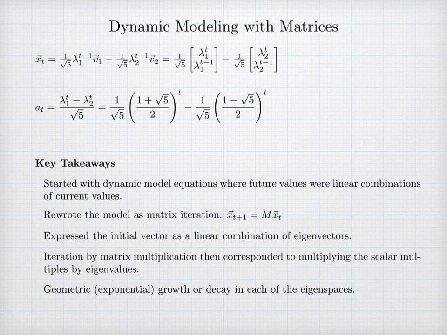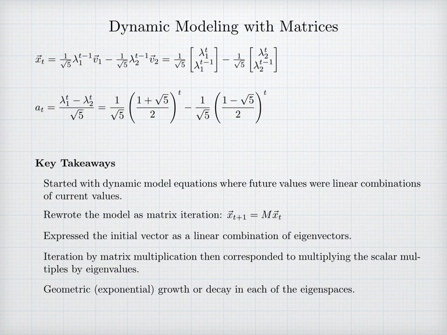Once we had that linear combination, we could repeatedly multiply by my matrix, and the effect was my linear combination saw increasing powers of the eigenvalues. So my first eigenvector, as time progressed, I just had repeated multiples of lambda 1. And the second eigenvector, after repeated multiplication by M, saw repeated multiples of lambda 2. Now those repeated multiples, lambda to a power t, is a geometric sequence.